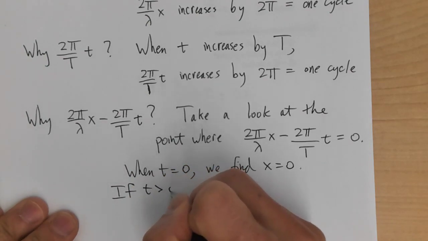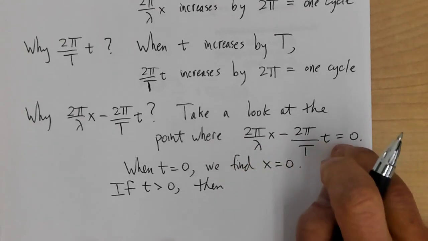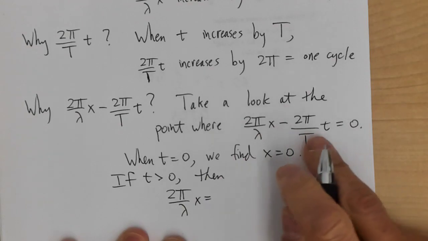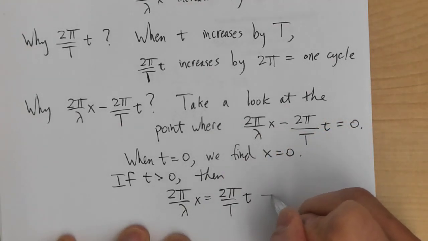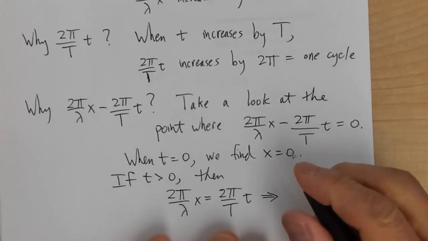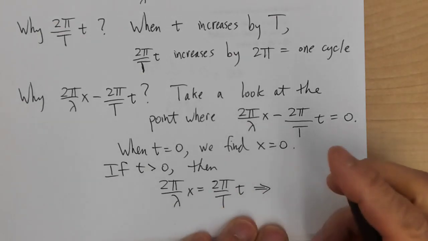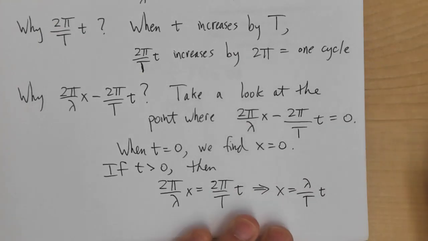Now, if t is greater than 0, then we can solve this equation. We get 2 pi over lambda x, bring this to the other side, is equal to 2 pi over capital T times t. And so now what I can do is divide by 2 pi, and then multiply by lambda. x is equal to lambda over capital T times t.